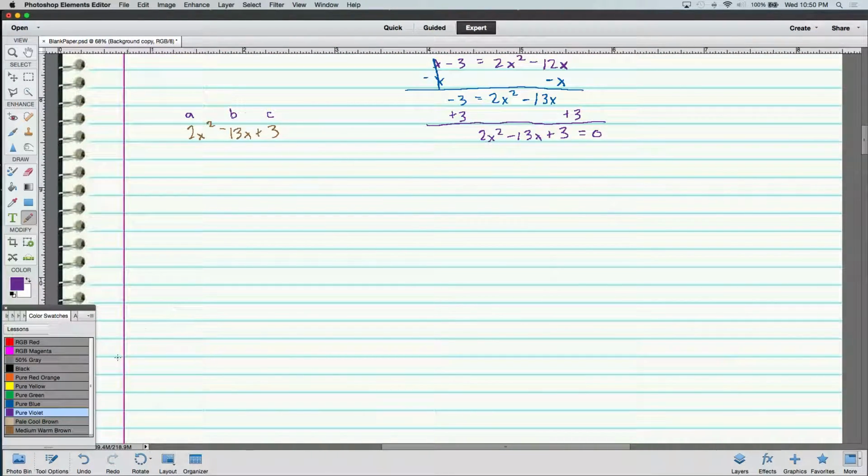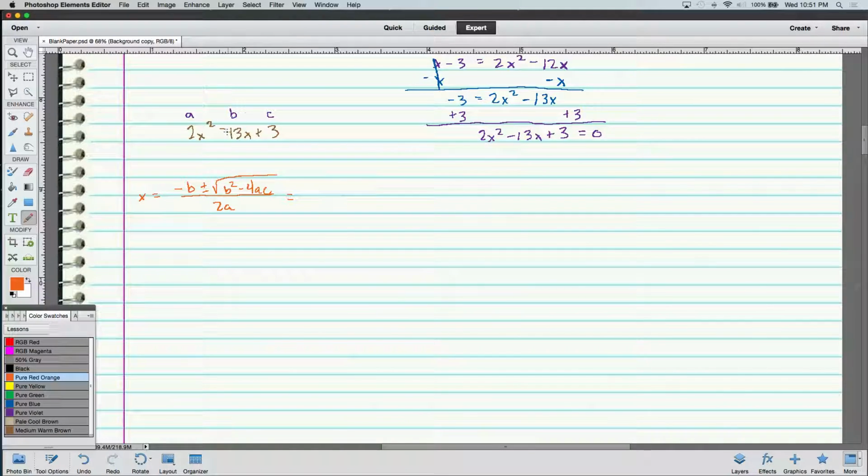So now we can plug it into the quadratic formula. Remember, quadratic formula is x equals minus b plus or minus the square root of b squared minus 4ac all divided by 2a. So now we just have to substitute these values in for the quadratic formula.